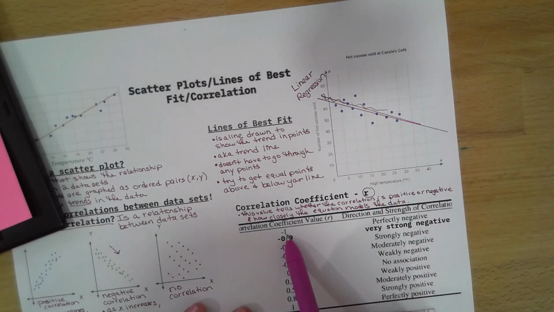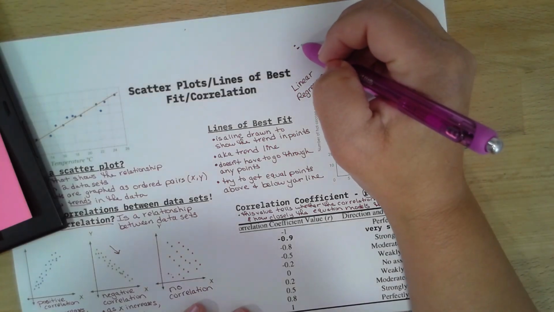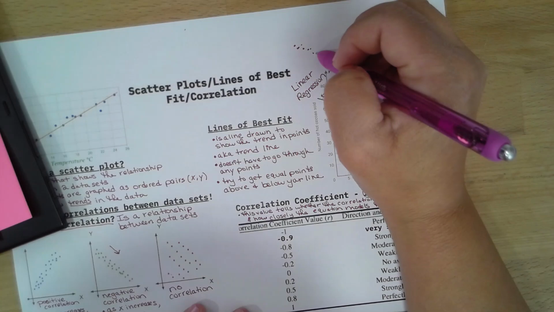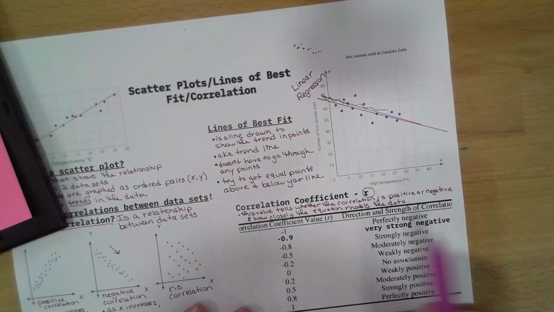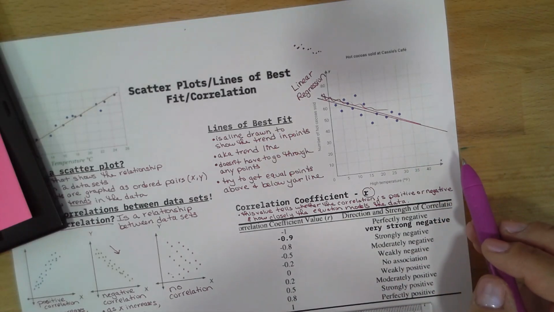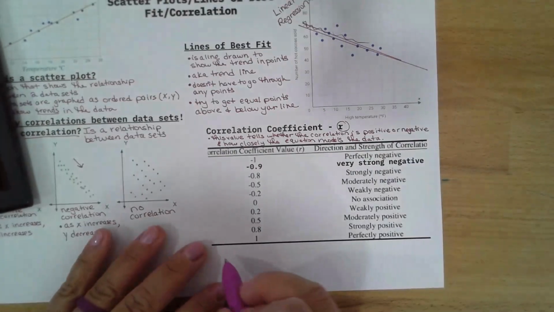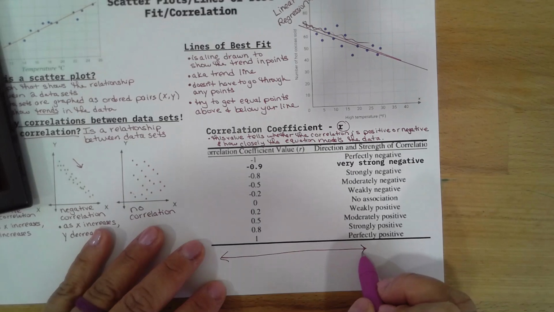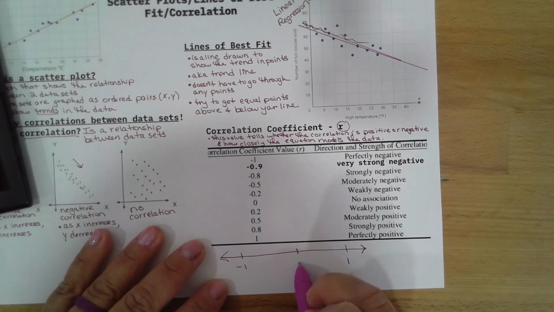If it looks really skinny like a line, like the points are technically not linear, but closer to a line, that's going to be closer to -1 if it's negative. So let's see how we can do this on the calculator. So I gave you this table. So the correlation coefficient, R, ranges from -1 to +1.